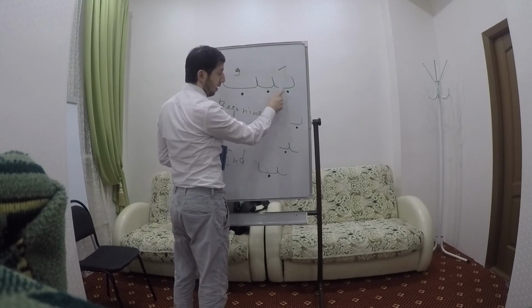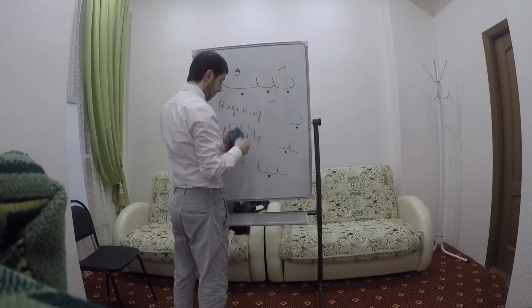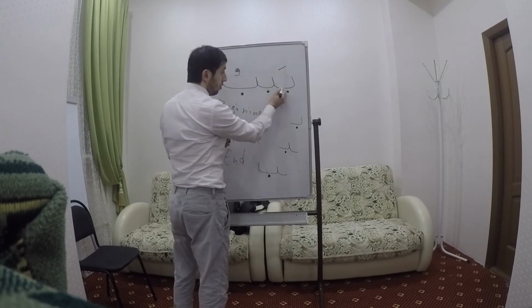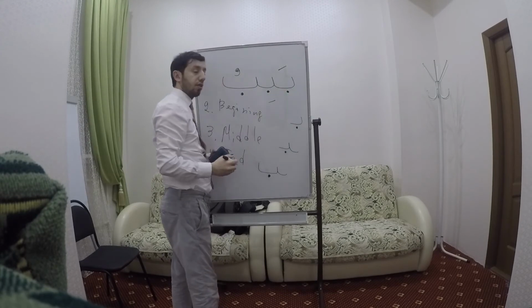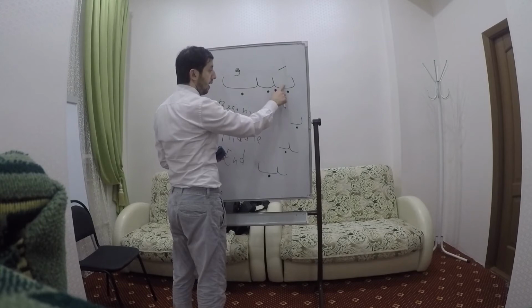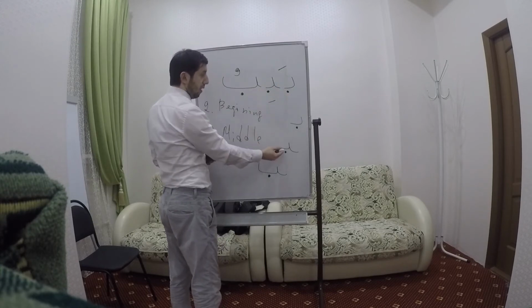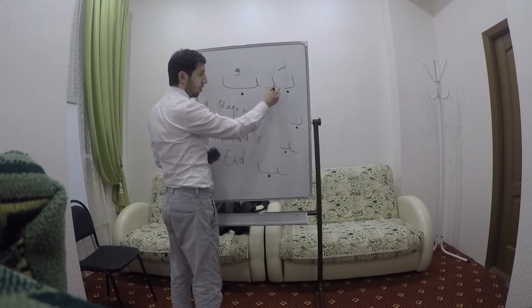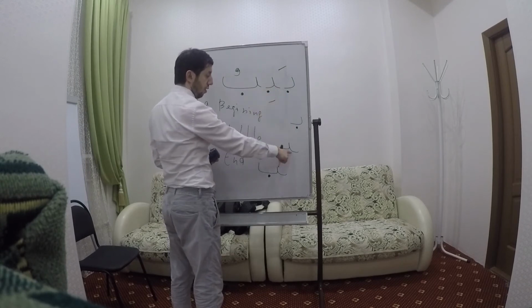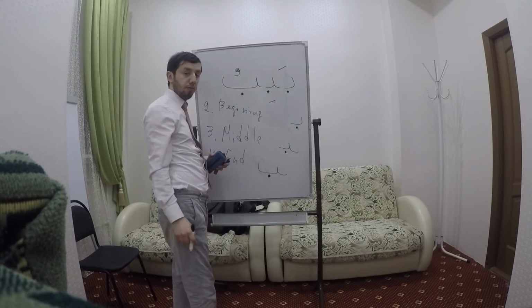Look, in the beginning form, ba, ba. And to be honest, it should be like this. From here till here, for example, it is the middle form. Here, this one, look. And from here till here, it is the end form.